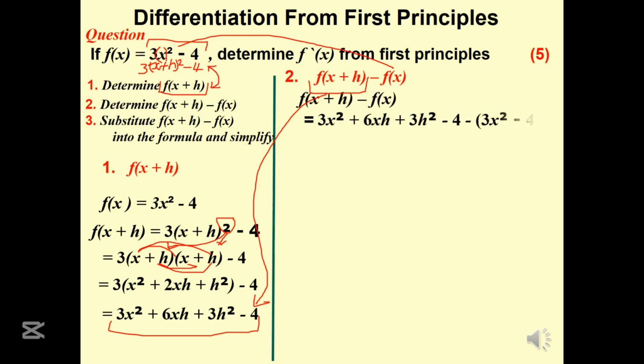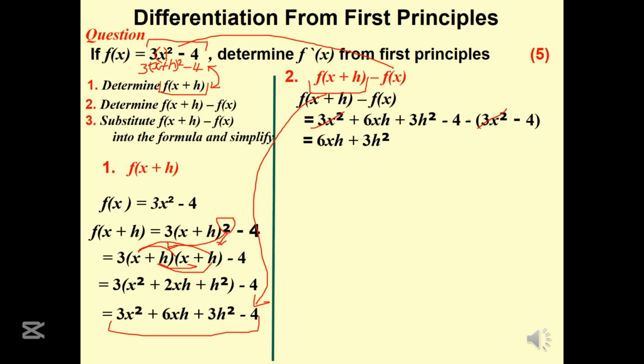So simply put, it means in the expression that we got in our first calculation, we're going to remove the original terms of our expression. So if you simplify, you are going to notice that this 3x squared here minus that 3x squared, that will give us 0.